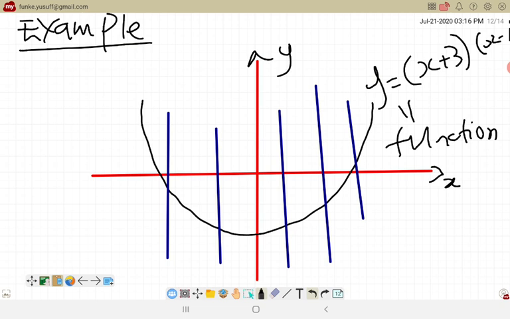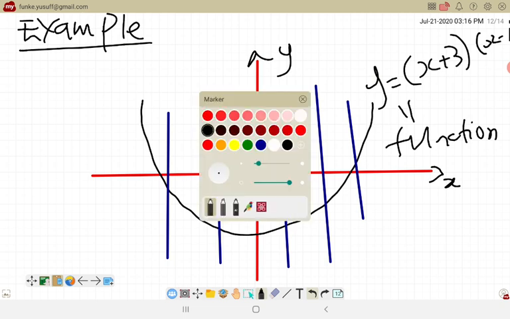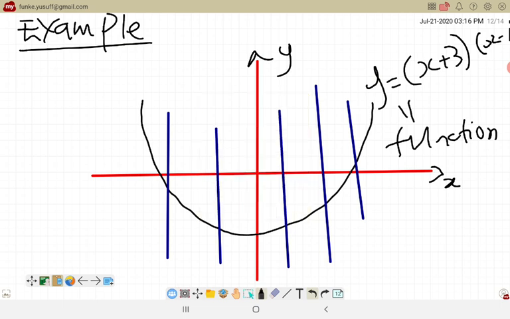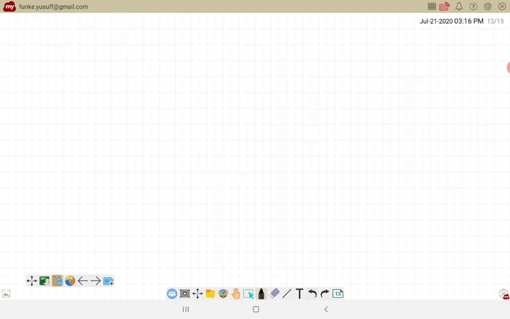So the graph of a straight line, or a linear function, is always a function. That's another thing to note.